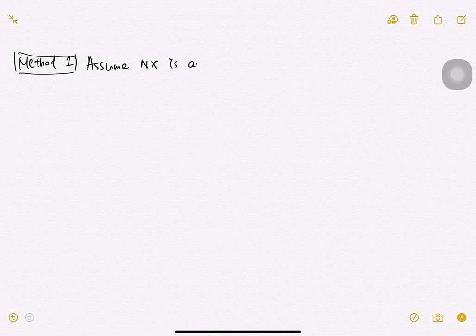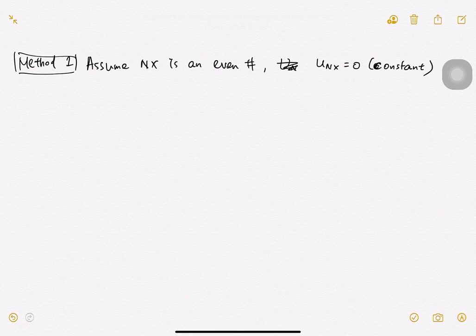So the first method in the slide, method 1, for convenience, we assume that nx is an even number, and u at nx equals 0, because for the first method it's constant, right?